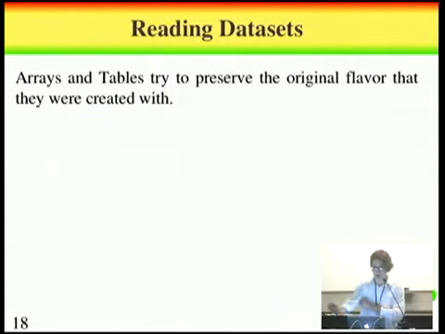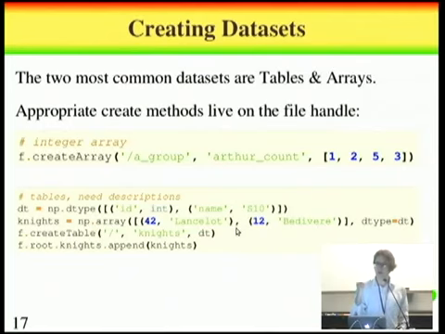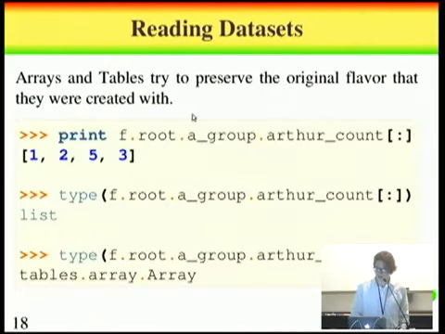That said, arrays and tables try to preserve the original flavor that they were created with. Flavor is actually a term that was used, right? So up here we created a table with a list, and here we created one with an array. So when we grab those back out from HDF5, we would like to get a list back and an array back, and PyTables tries to do so.